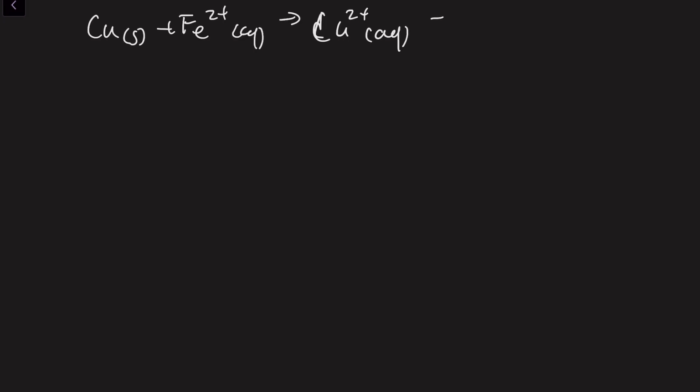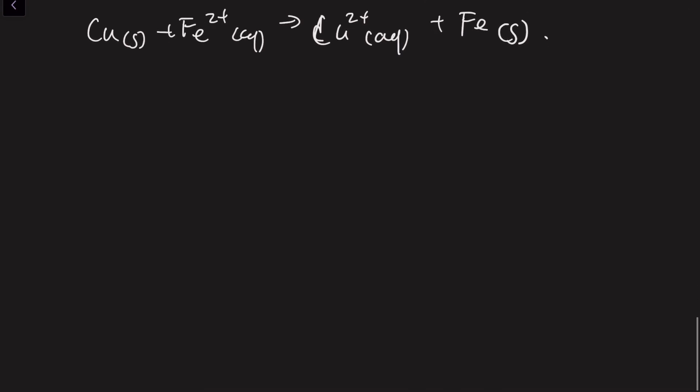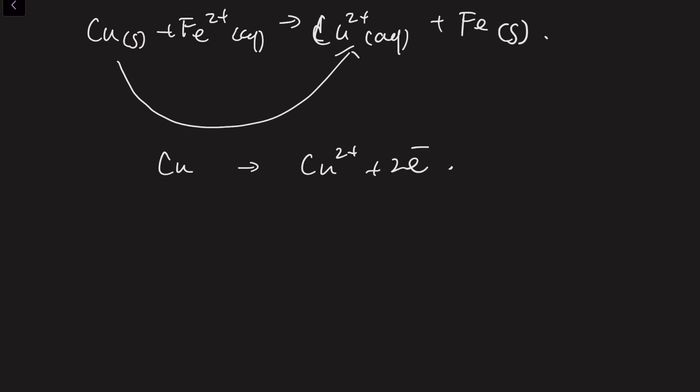Maybe it's helpful to get some practice. For this chemical reaction, we can see that the copper atom has become copper ion. To balance the charge, it must have lost 2 electrons.